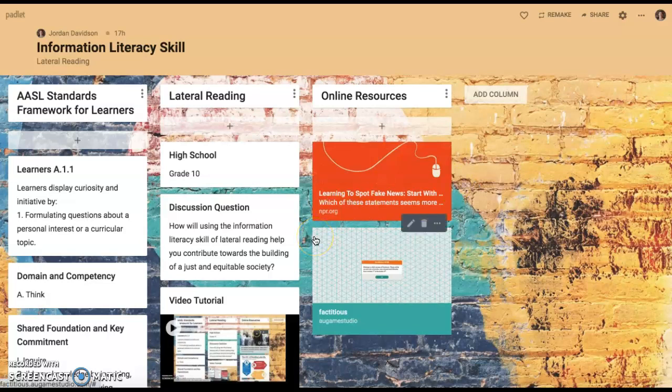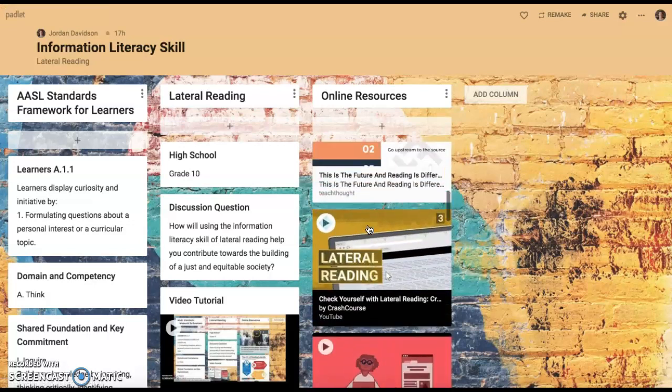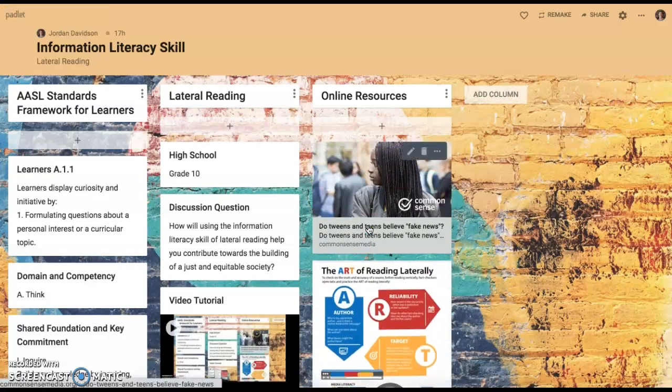So after you have explored these online resources and learned a little more about lateral reading, you can engage in the following discussion question posted over here on Padlet. How will using the information literacy skill of lateral reading help you contribute towards the building of a just and equitable society?